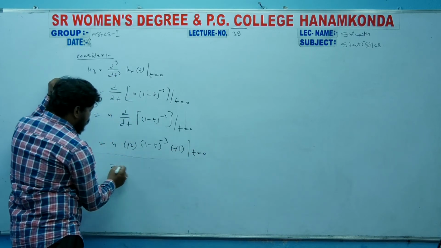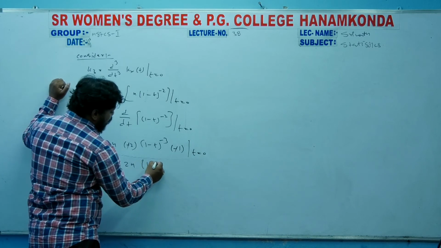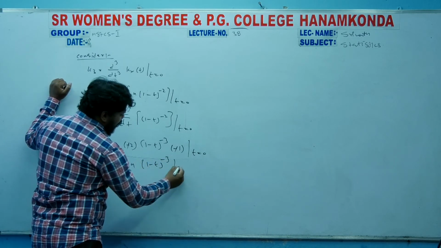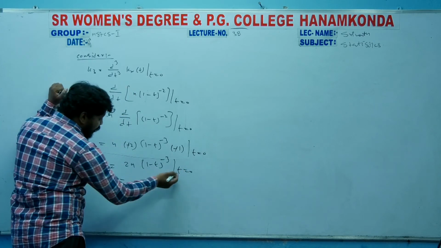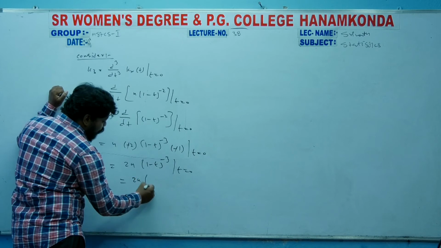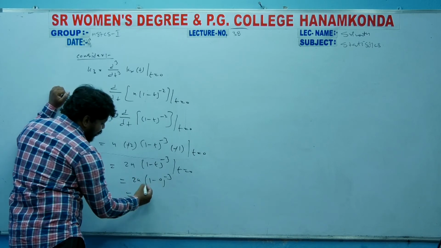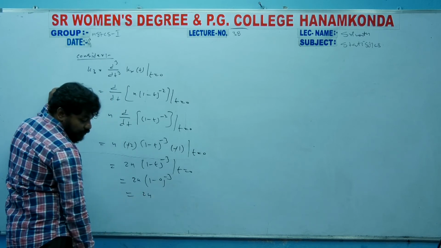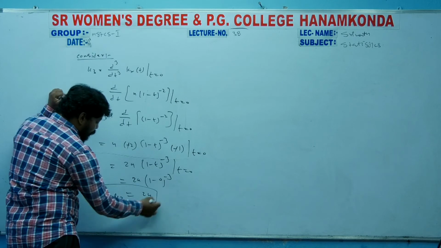Substituting t equal to 0, we get 2n into (1 minus 0) to the power minus 3. Finally 2n is the answer, which is k3 and mu3.